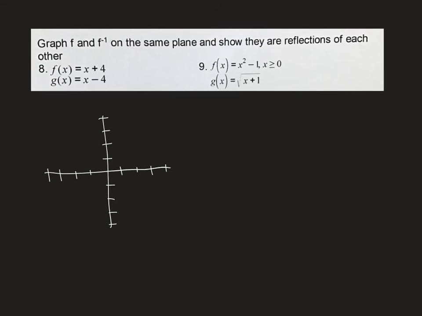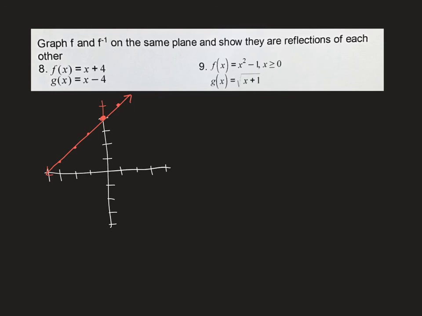So if I graph f of x, I'm going to start at 4. And I'm either going to go up 1 over 1 or down 1, left 1. Either's fine. And connect my points.